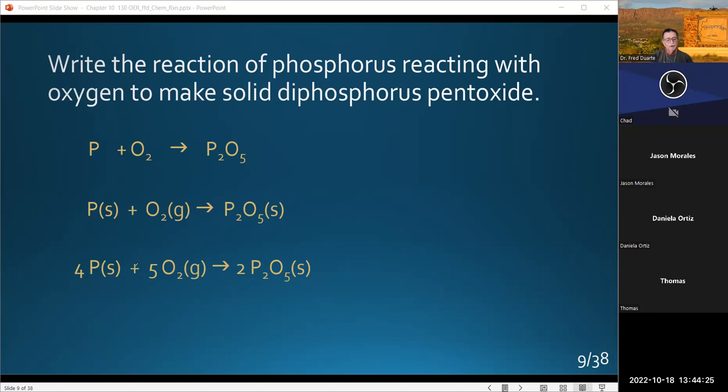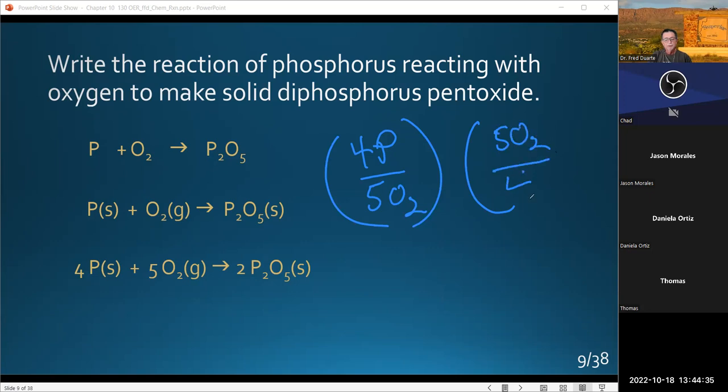And note the ratio here. We get 4 phosphorus over 5 O2 in one scenario, or invert it, 5 O2 over 4 phosphorus. And then we have the O2 to product relationship, which is 5 to 2, and the phosphorus to the product, which is 4 to 2.